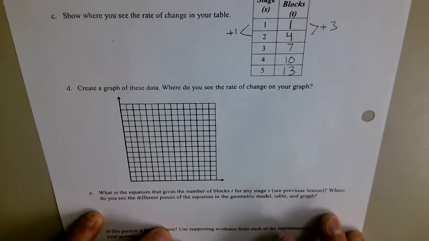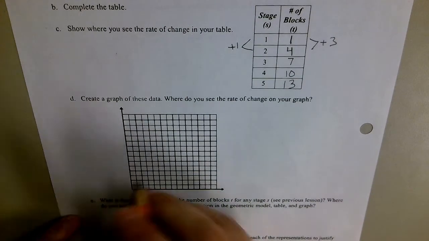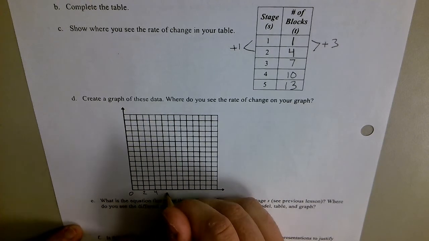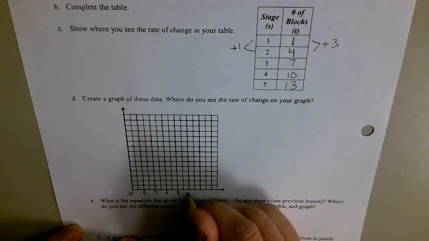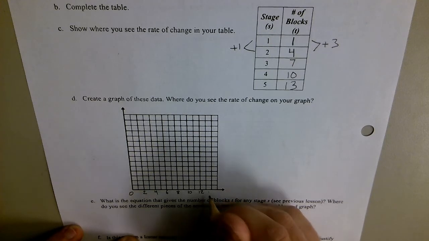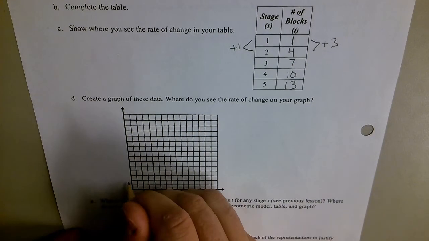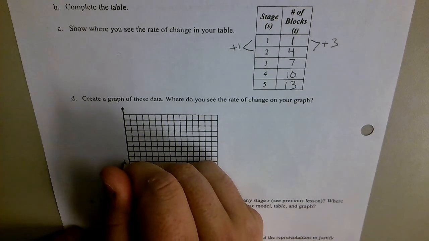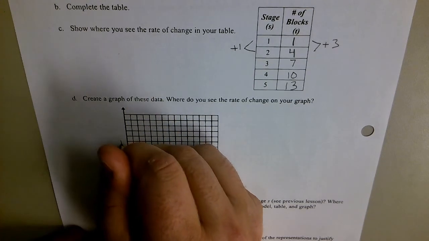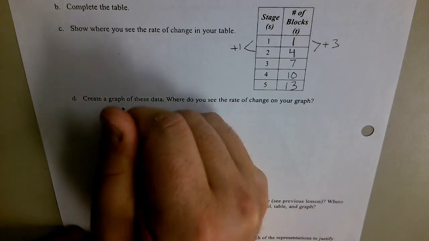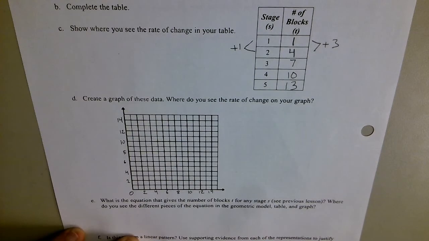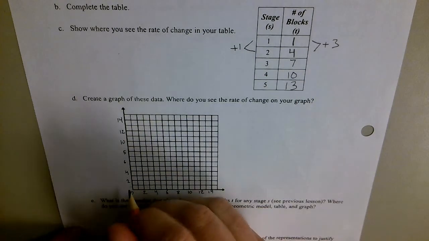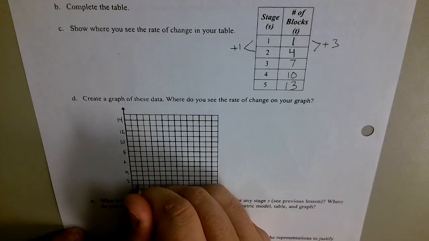Alright, so now we're going to graph that information. We're going to use the same kind of scale we did on the one before. Every line is 1, but I'm just going to label every other. Same thing here. Okay. And now I'm going to plot these points. So I've got 1, 1.